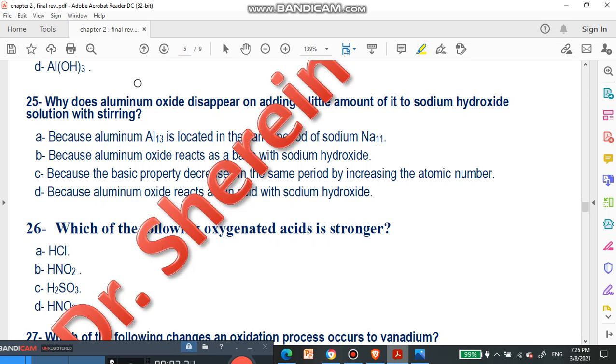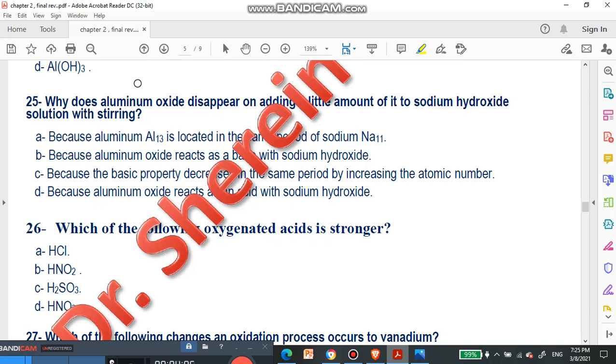Aluminium oxide is an amphoteric oxide, so it will behave like an acid when there is a base in front of it. Sodium hydroxide is alkaline or a base. So with stirring, aluminium oxide disappears.